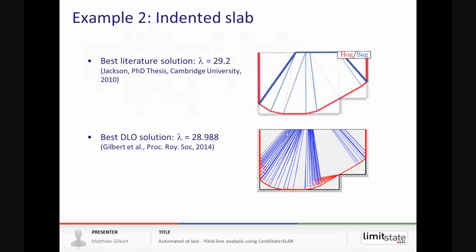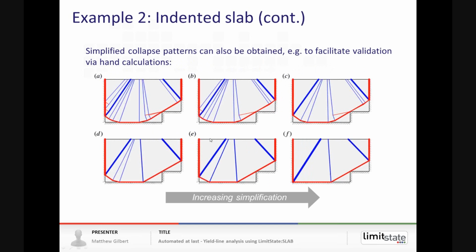So there is some trade-off in geometrical complexity if you're wanting to get slightly more accurate solutions. One thing that we have been considering, if there's enough call for it from users of the software, is allowing users, once the problem has been solved, to simplify the solution so that it can be checked against hand calculations, for example.